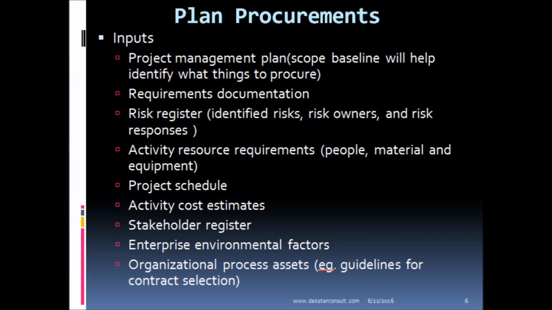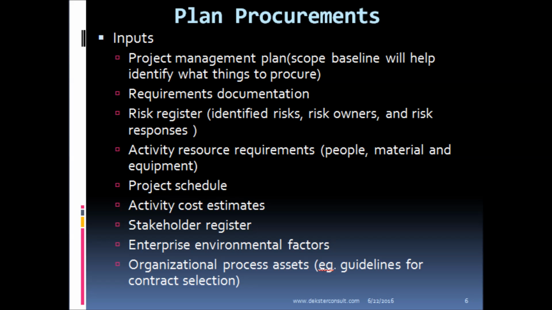There are some inputs we'll make use of, which will be references that will be necessary for our plan procurement management process. And this includes the project management plan, then our requirements documentation, our risk register, activity resource requirements, our project schedule, activity cost estimates, our stakeholder register.